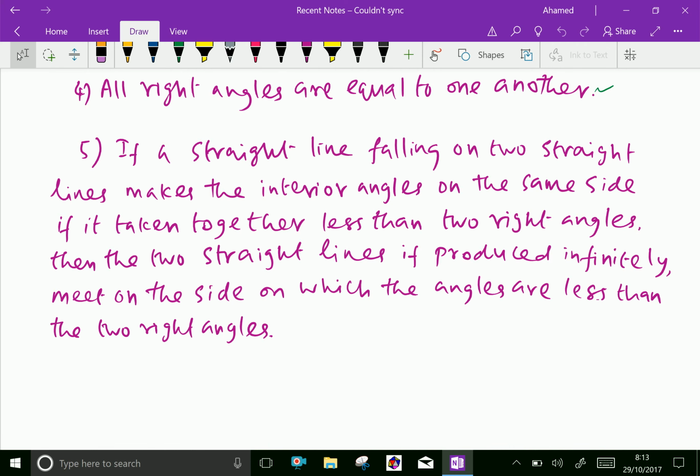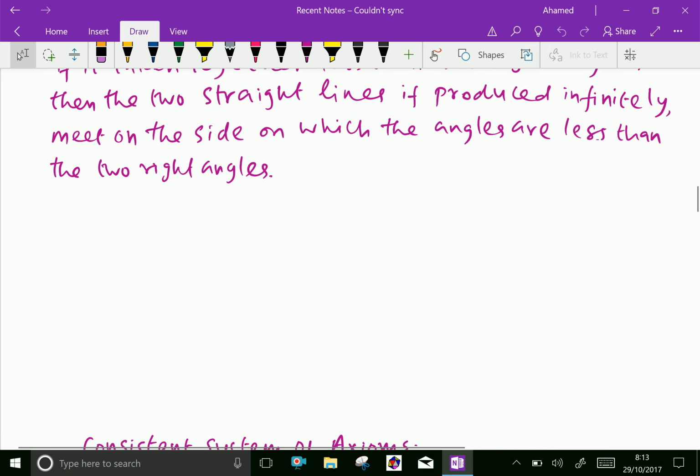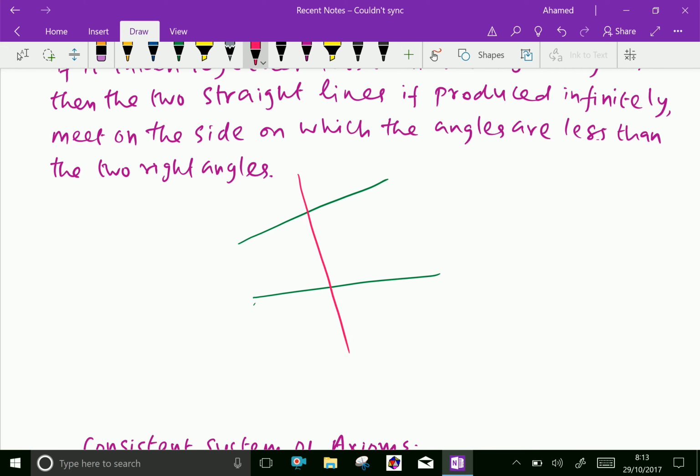Suppose we consider two straight lines. One more straight line falls on these lines; put this line as L, this M, this line N. Now the interior angles on one side, suppose this angle and this angle, name them 1 and 2.